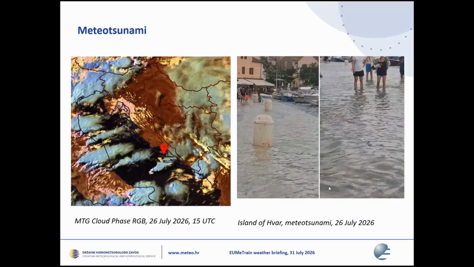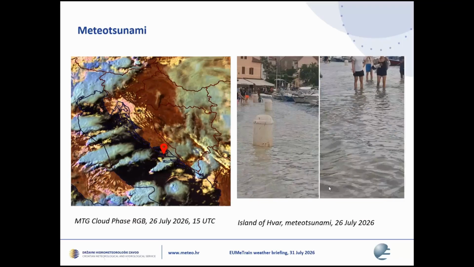But this July, we had almost 4 or 5, I'm not sure of the exact number, but we had 4 meteotsunamis this July in Croatia. And they are caused by rapid changes in air pressure associated with intense storms over the sea.